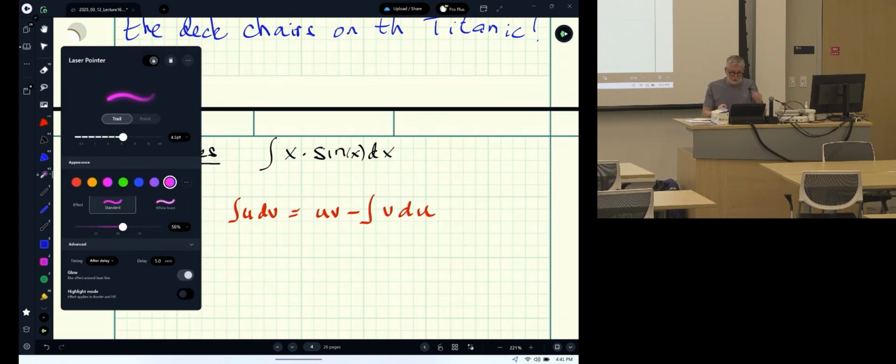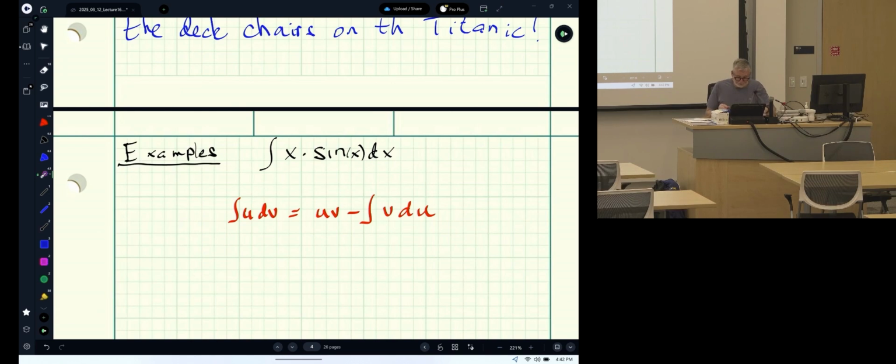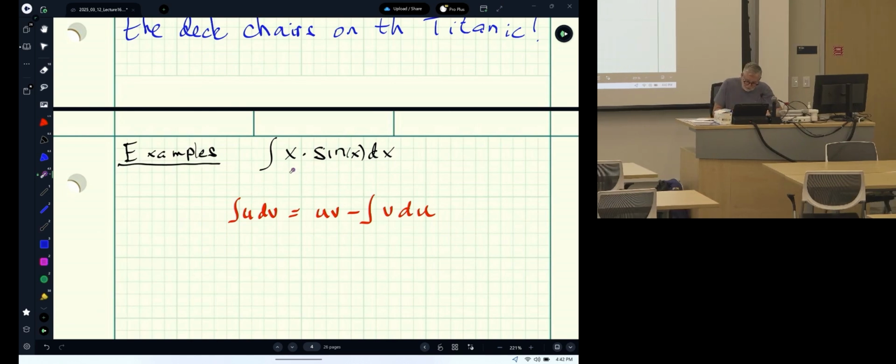So this is where the art comes in. We have to somehow divide this up into what we're going to call u and what we're going to call dv. dv means we have to integrate it, so we have to be able to find an antiderivative for dv. And then u, we get to differentiate, and that's usually easier.